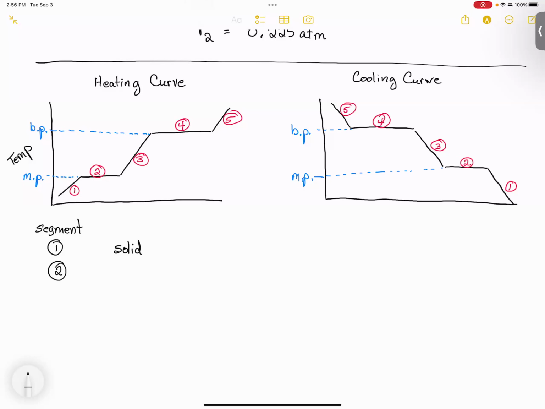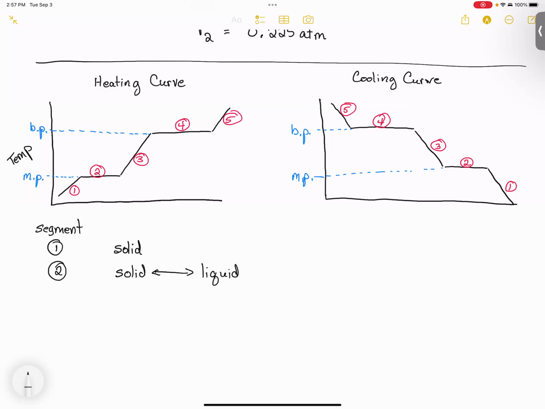Segment 2. With segment 2, you have the solid and liquid in equilibrium with one another. So what happens is the solid molecules absorb enough energy that it starts to overcome the intermolecular forces, allowing that solid to transform into a liquid.